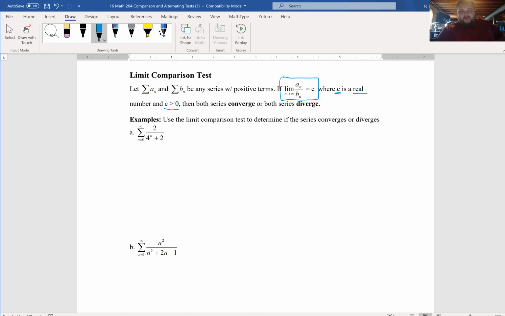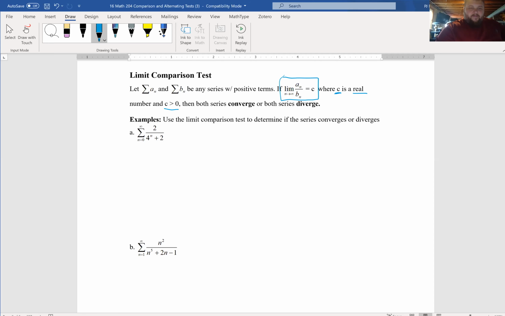So it says both converge or diverge. So if we prove B sub n converges, we take the limit, we get a real positive number, A sub n also converges. So let's just jump right in and try one and see what happens.